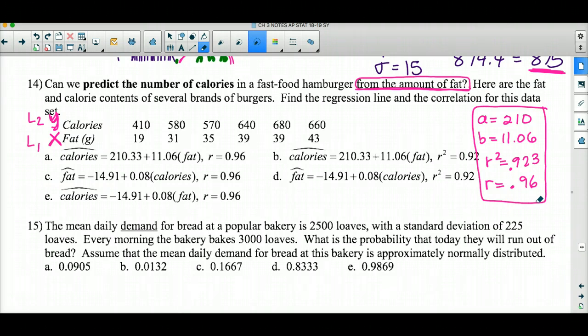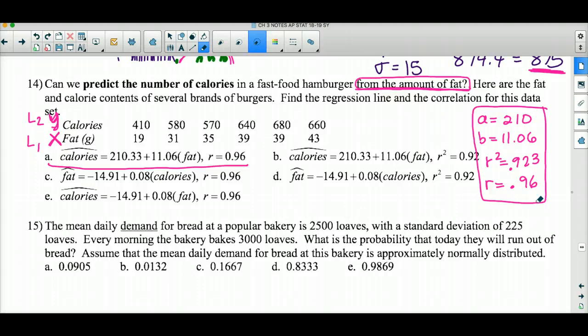So your A value, which is your y-intercept, is 210. Your slope is 11.06. Your r-squared is 0.923. And your r is 0.96. So which answer is it? Is it A? Because they gave you your r value.